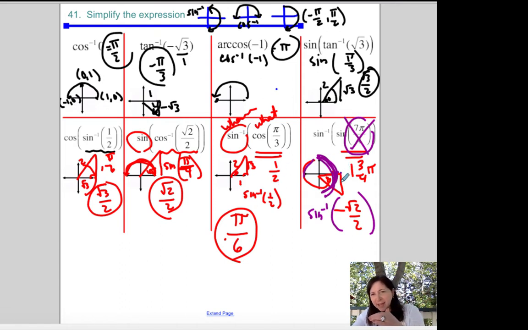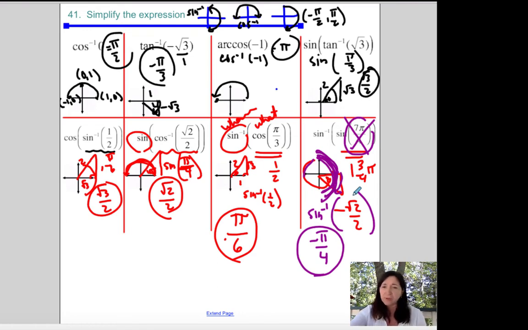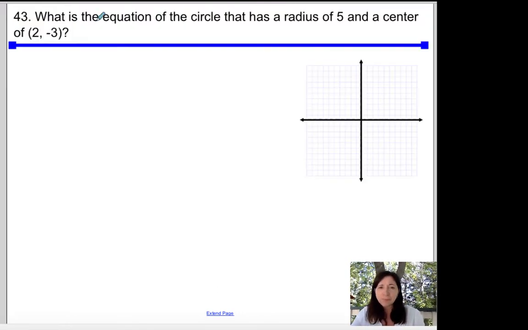So to get down here, you would say negative pi over 4 because you can only go from here up or down. You can't go outside of your restricted area. So that's it, negative pi over 4.